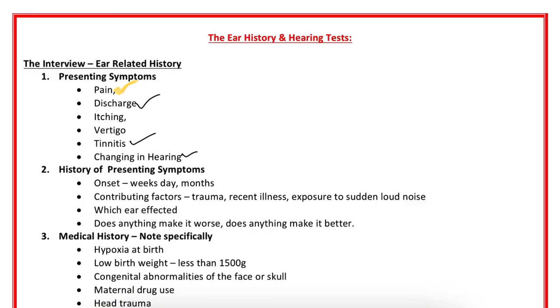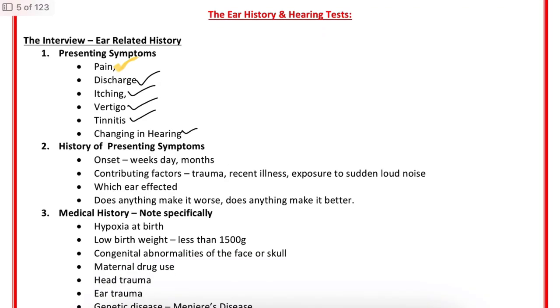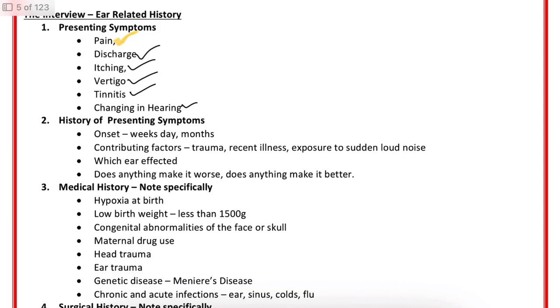Some patients come with vertigo, a spinning sensation, and some say they have itching and fullness in the ear. These are the main chief complaints patients come with for ear problems.